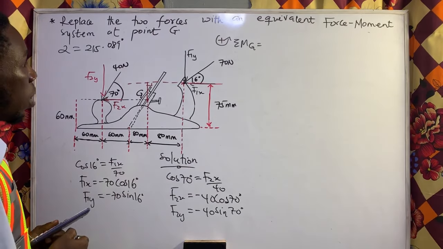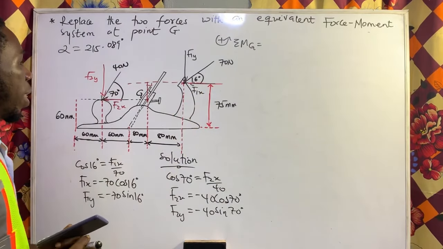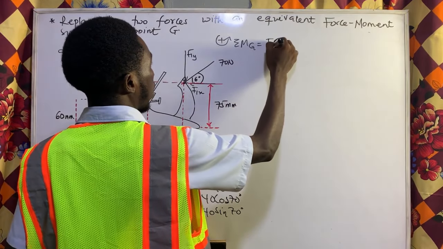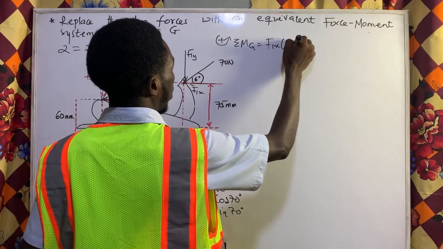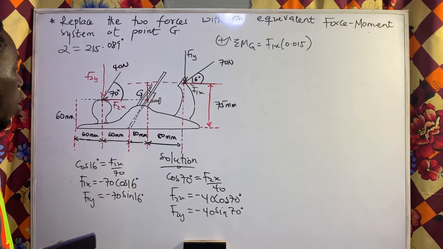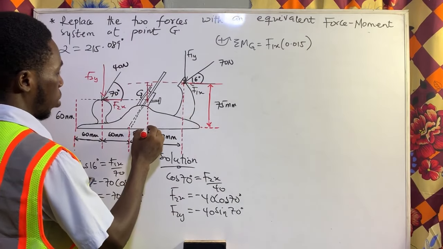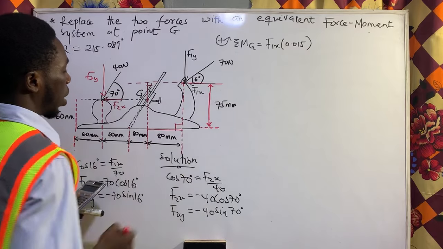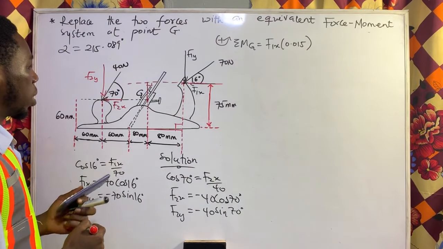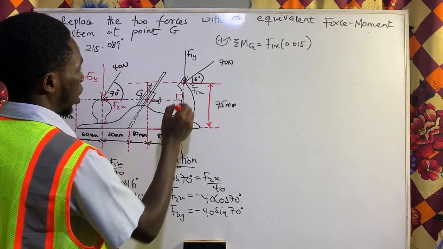So now let's find the moment for F1x. That's going to be F1x multiplying 0.015. What about the y component? For the y component, this is its line of action, so this will be its perpendicular distance from point G. We can also trace it from here and measure the perpendicular distance.